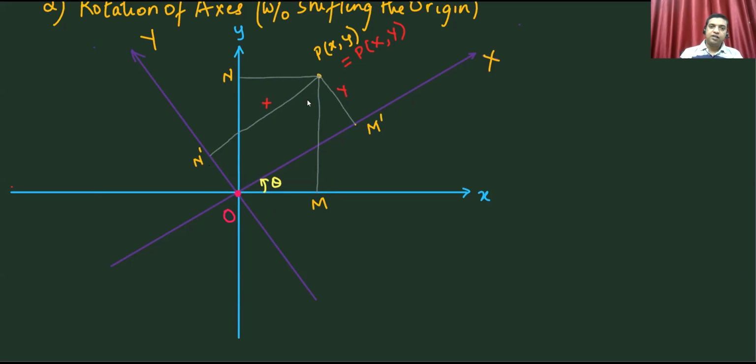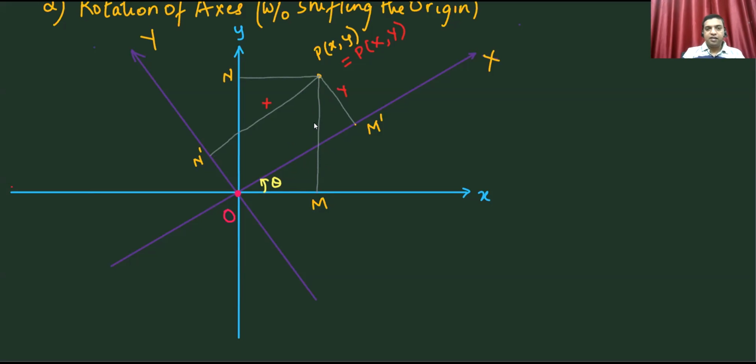So this P M dash is capital Y, P N dash is capital X, O M dash is capital X. All right. Now this whole thing is small y.